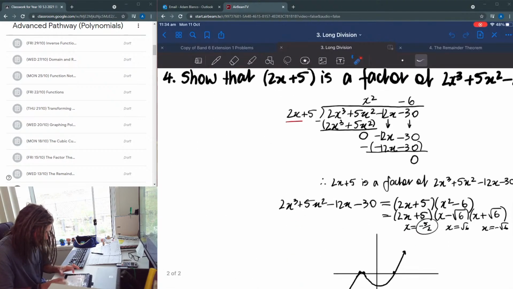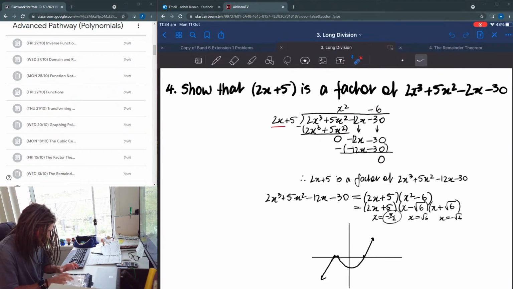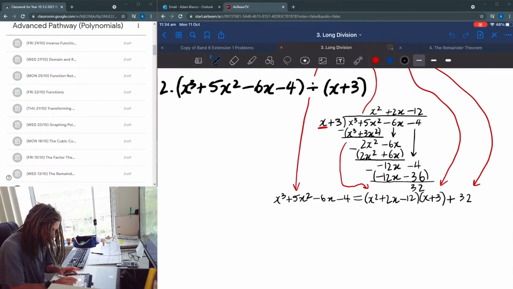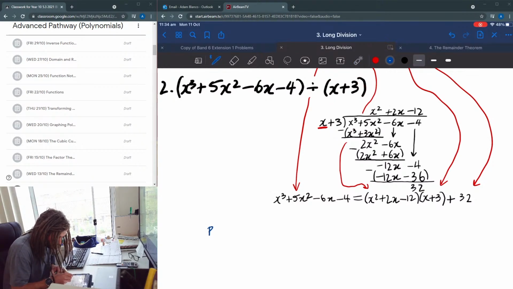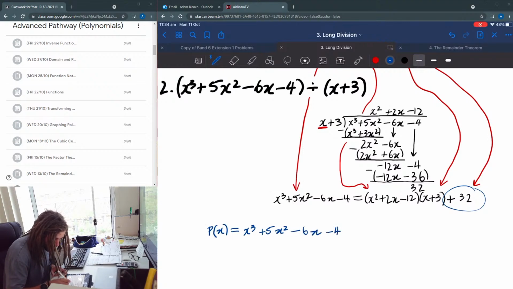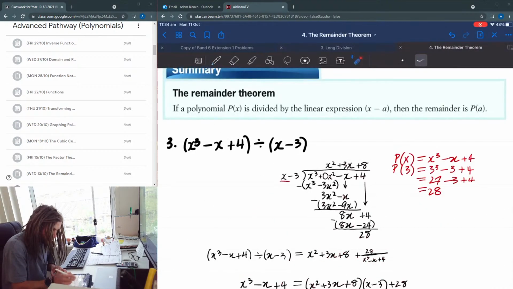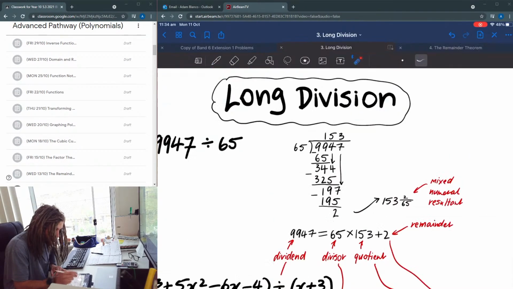I could do it for this one, and it's a little bit different because I've got a plus here. Let's call P of x equals x cubed plus 5, and you can see that I already have my remainder as 32, so I should know what the answer is, minus 4. And I'm dividing it by, let's get it in the right form, x minus something.